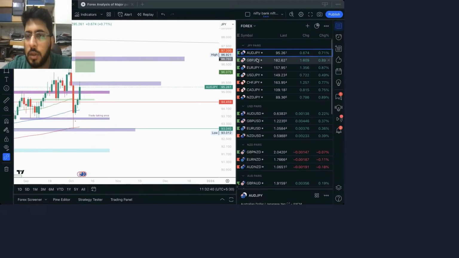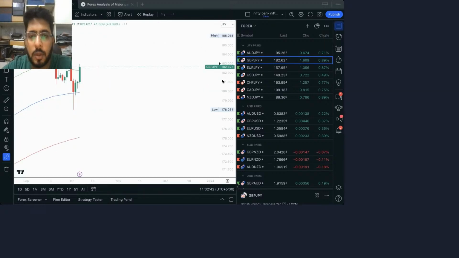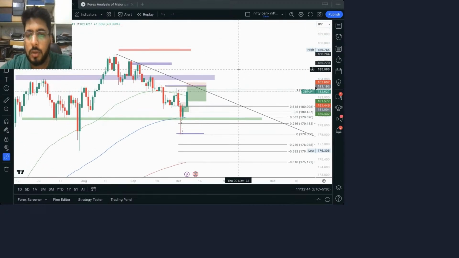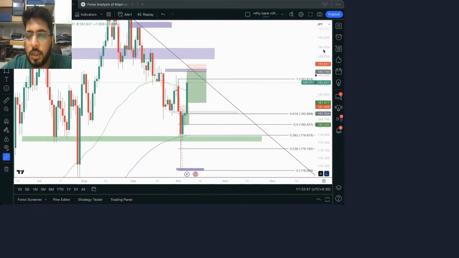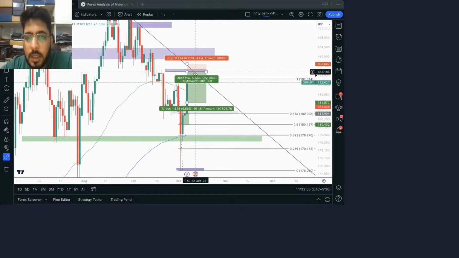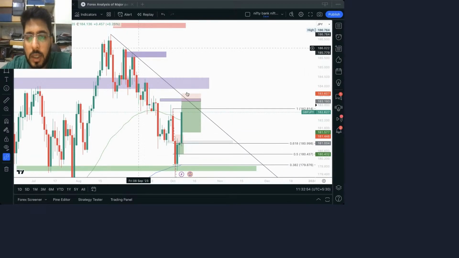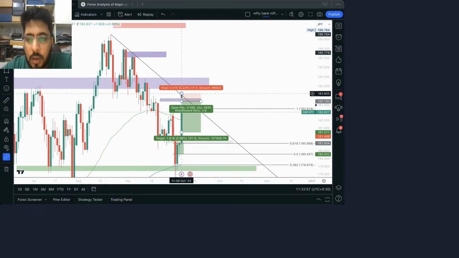Now see GJ. So GJ is near to my sell area, which is this. It's near the trend line as well. So my stop loss is a bit above the trend line. So if it reaches over there or here, this is the bottom of the zone, this is the top of the zone.